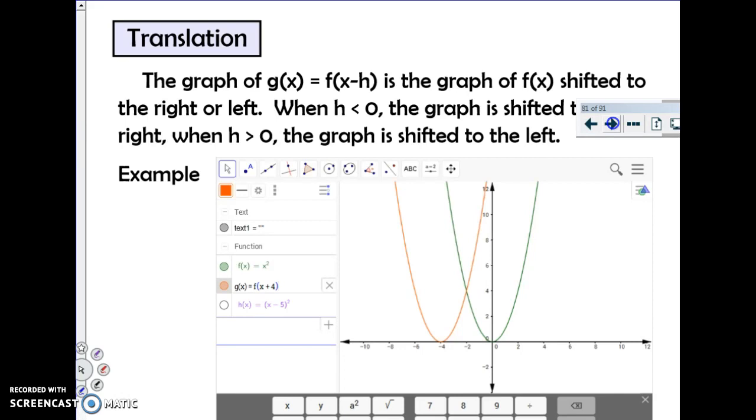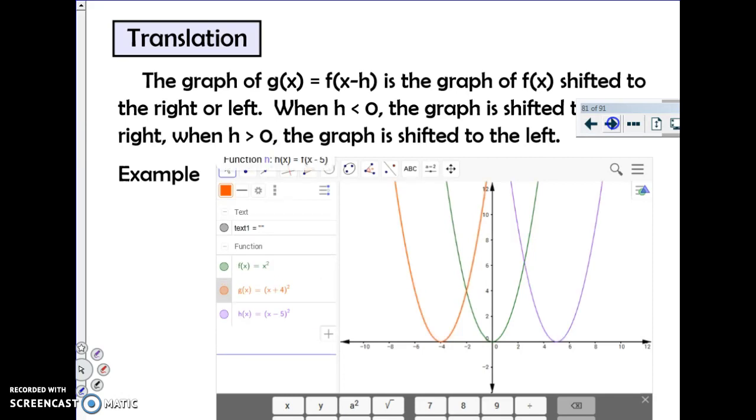So if h is greater than 0, it actually gets shifted to the left, but it seems kind of counterintuitive because once you see it in the equation, it becomes x plus 4. But as I had said once before in class, it's like the graph is happening sooner. So that's why it gets shifted to the left. When h is less than 0, it's going to look like x minus 5, and it's going to happen later.